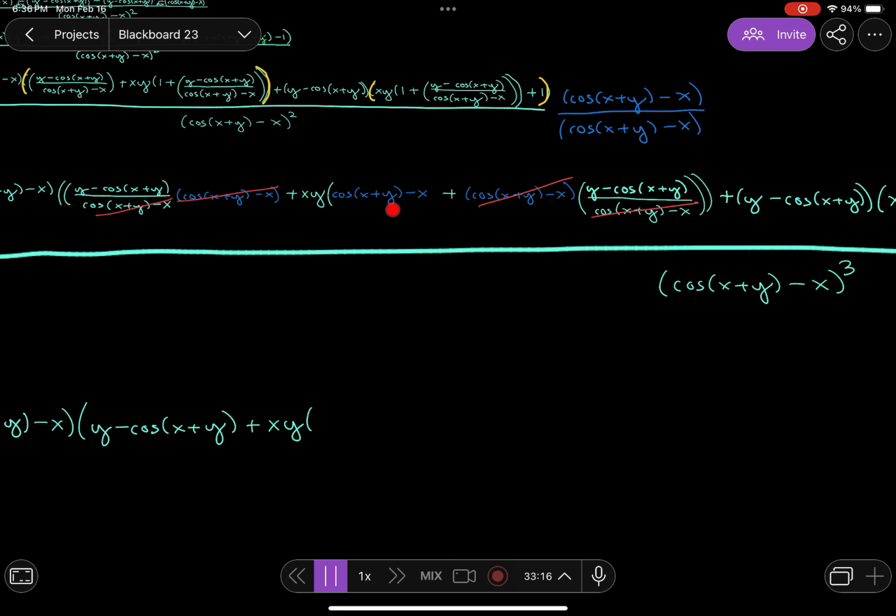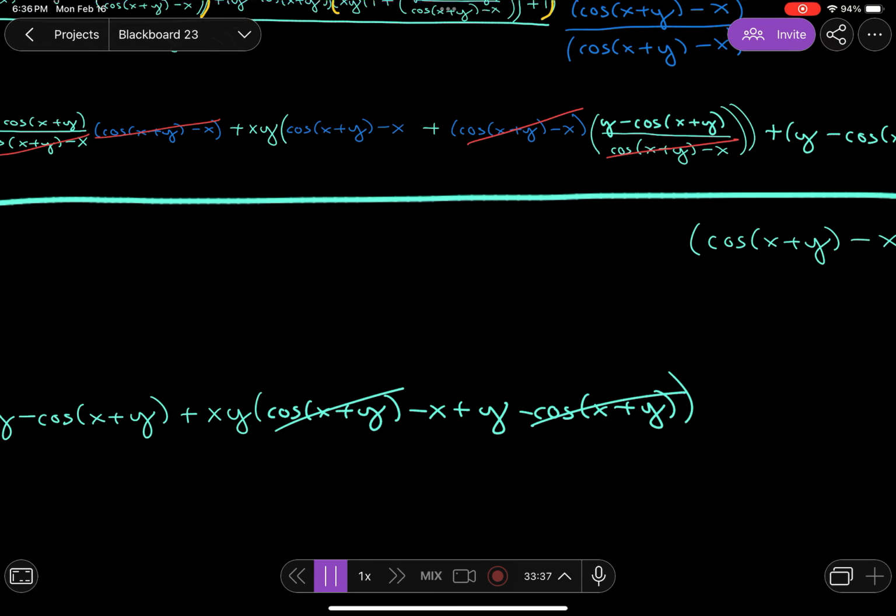So that's going to be cosine of x plus y minus x plus y minus cosine of x plus y. Oh, that's nice.